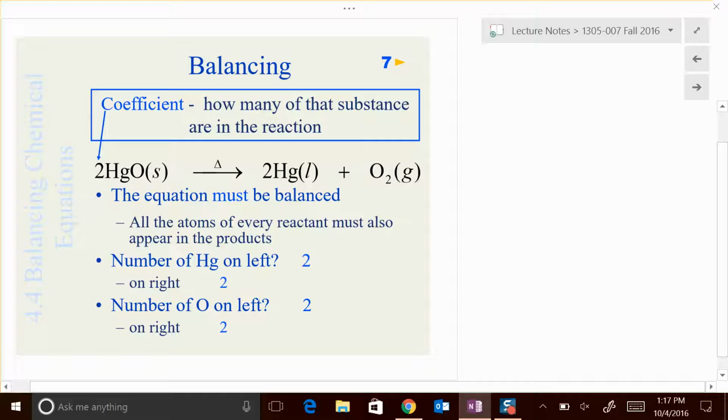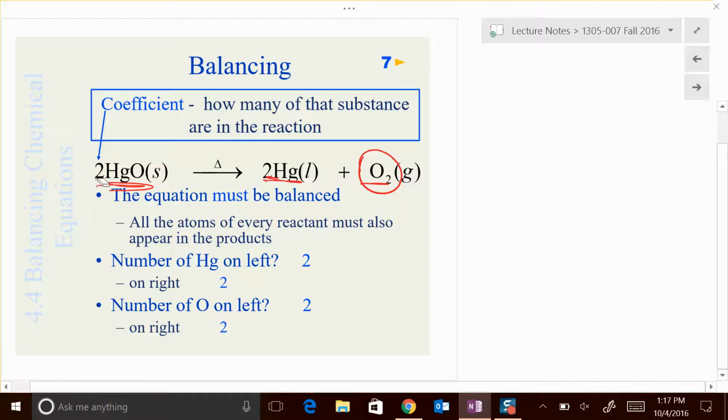So here we have mercury and oxygen on one side of the reaction, and we have mercury and oxygen on the other side. Now we had O2 over here. So if I didn't have this coefficient of 2, then this wouldn't be a balanced chemical equation because I'm not accounting for both oxygens.